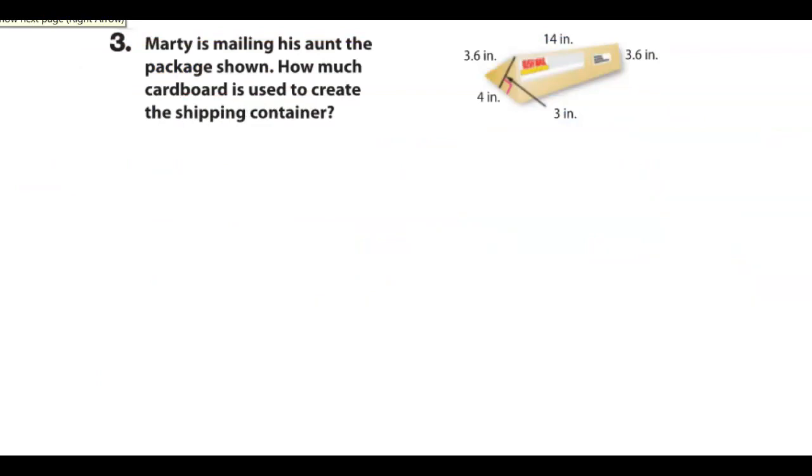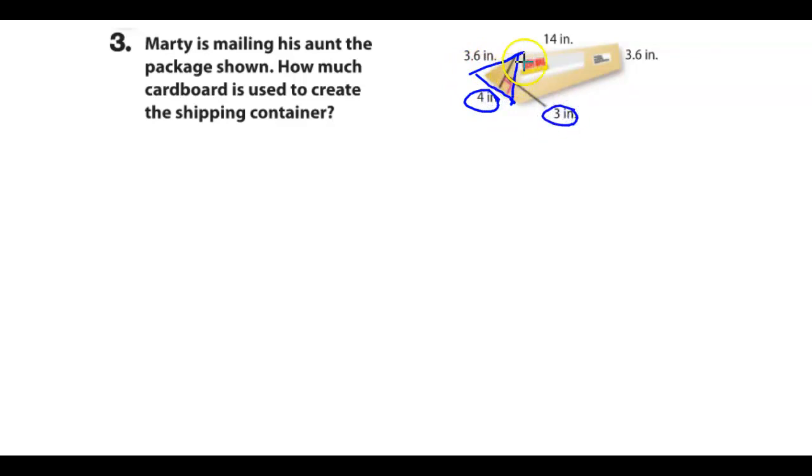Number 3, Marty is mailing his aunt the package shown. How much cardboard is used to create the shipping container? So let's take a look here. Now you guys can see that we're going to have a front, right? To do the front, we're going to have to do the base times the height, and then we're just going to take half of that.